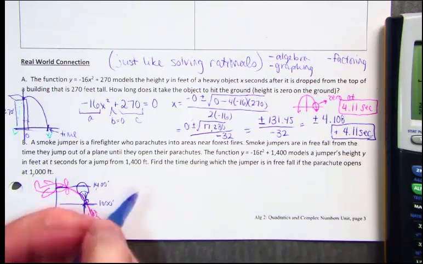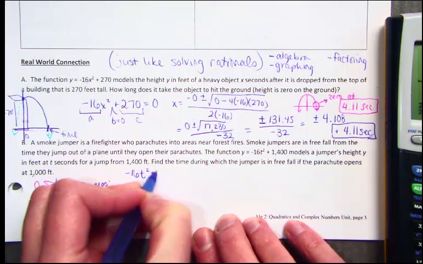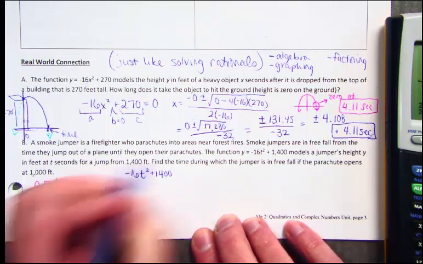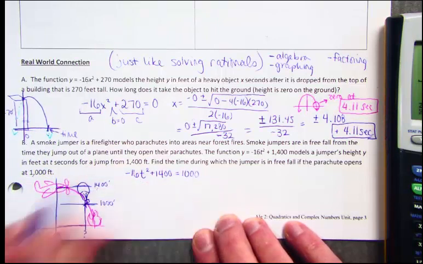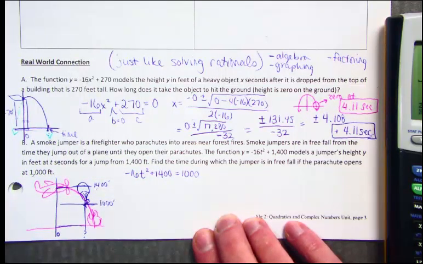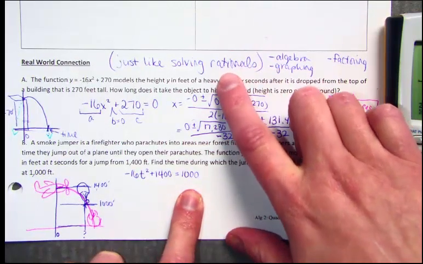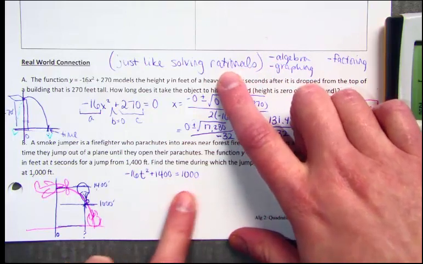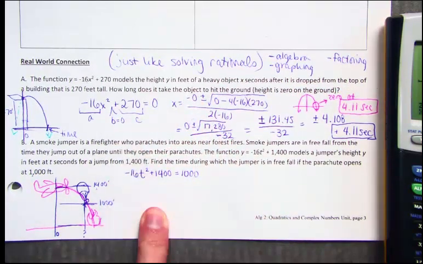I want to know, using this model, how long it takes until that model equals 1,000 feet. Thinking about how we solved it algebraically using rationals in our previous chapter, our first step was that we pushed everything over to equal 0 first.